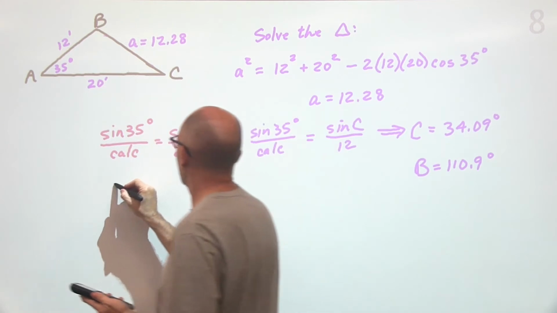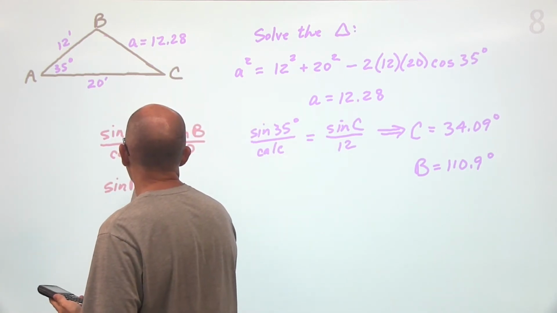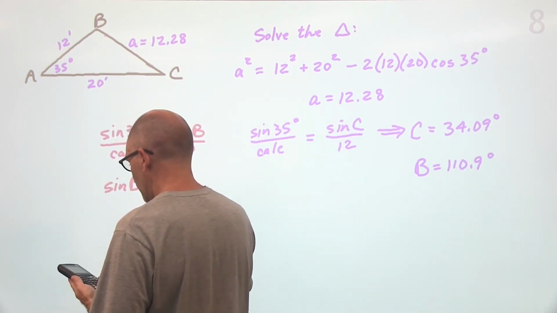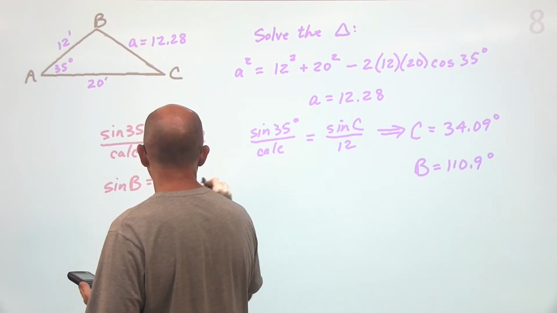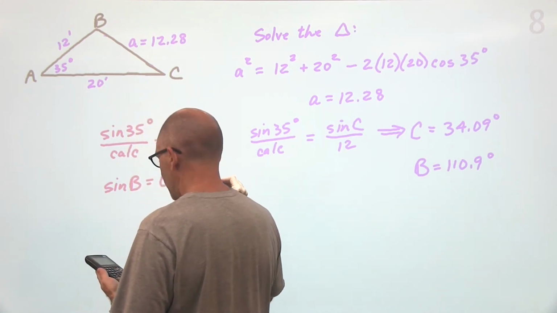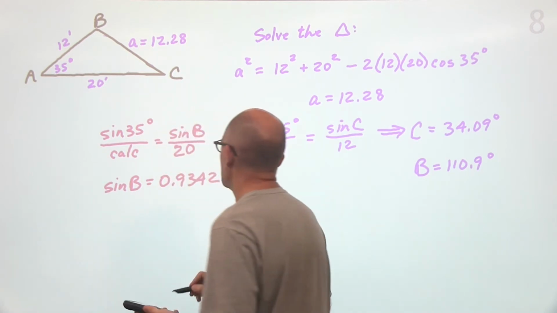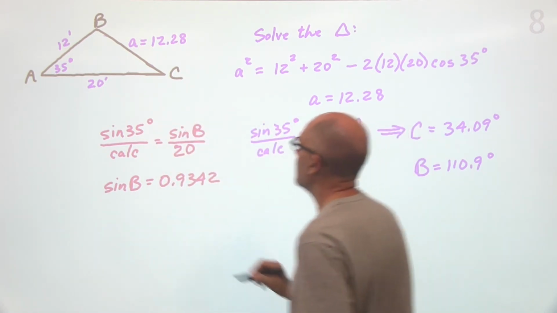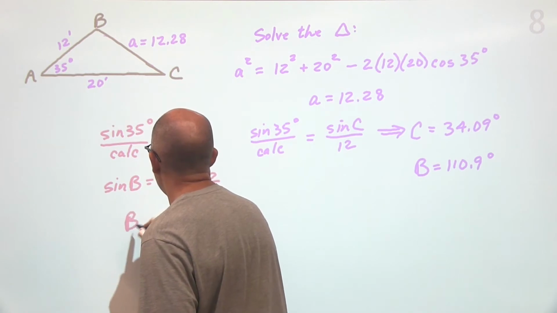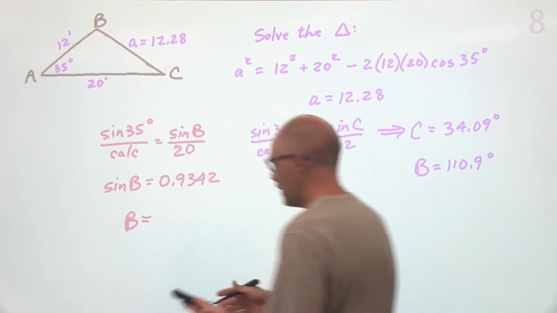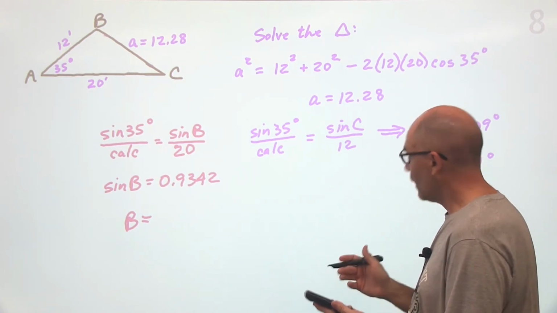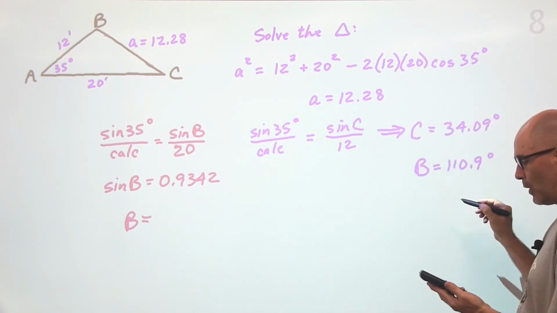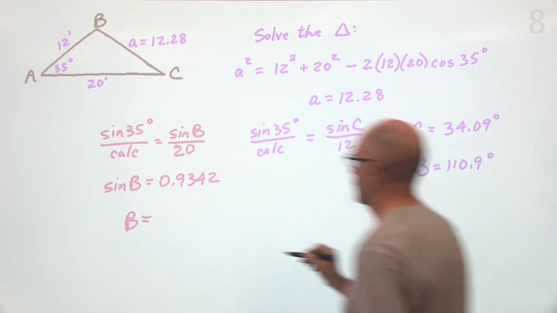So I get sine B equals 0.93416, so 0.9342. All right, so now I take the inverse sine of 0.9342, and I'm going to end up with 69.1 degrees.